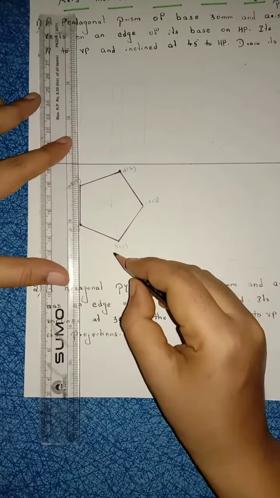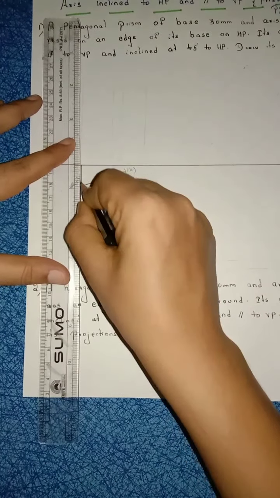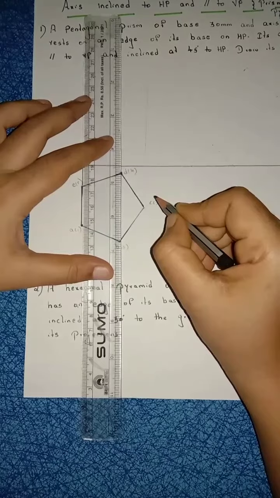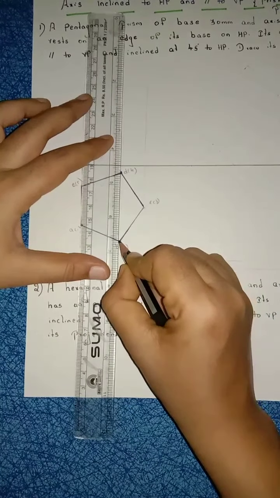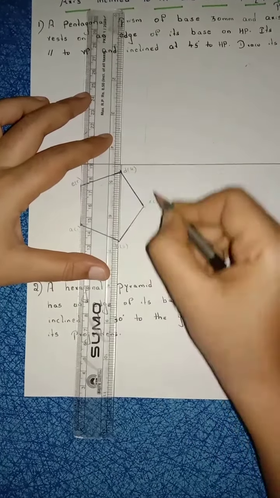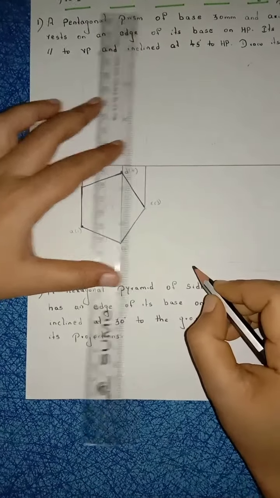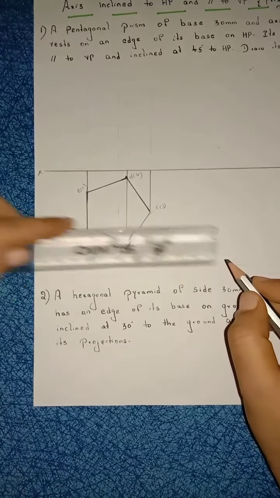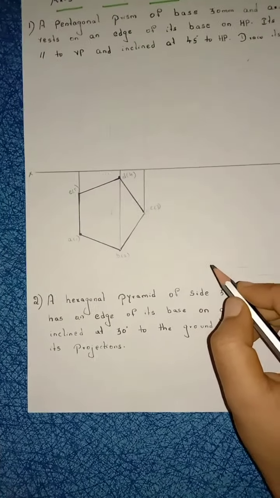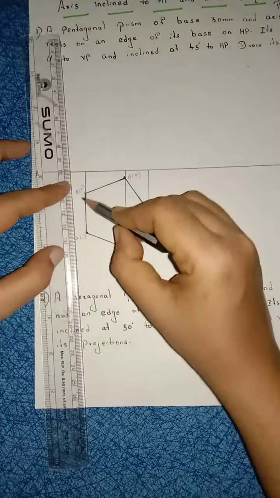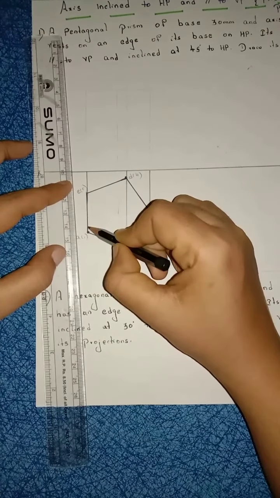So I am projecting A and E till the reference line. Then next I am projecting B and D to this reference line. Then next I am projecting corner C to this reference line. Right, now I am going to mark the midpoint of the pentagon. See, length of this pentagon is 30.